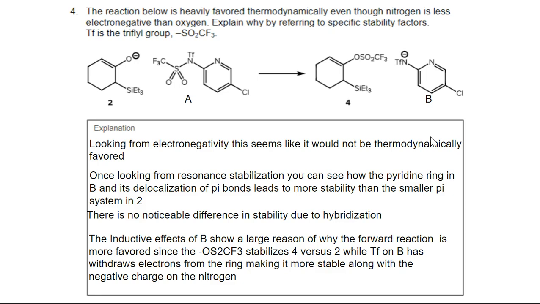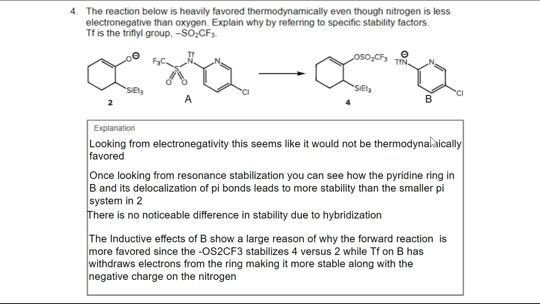That is much more stable on 4 because in the forward reaction direction, it stabilizes 2 and gives it more of an inductive effect on that position, so that the ring can be more stable due to it having fewer electrons in the ring.